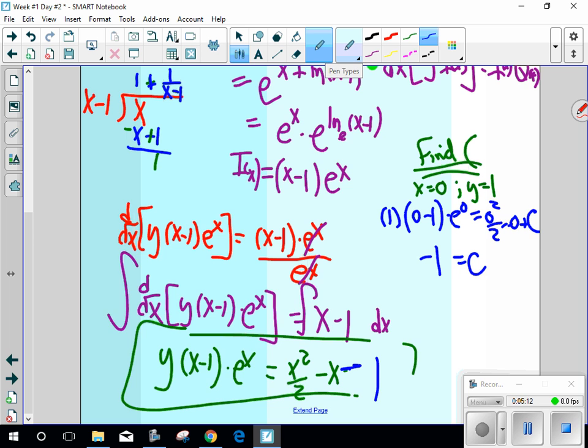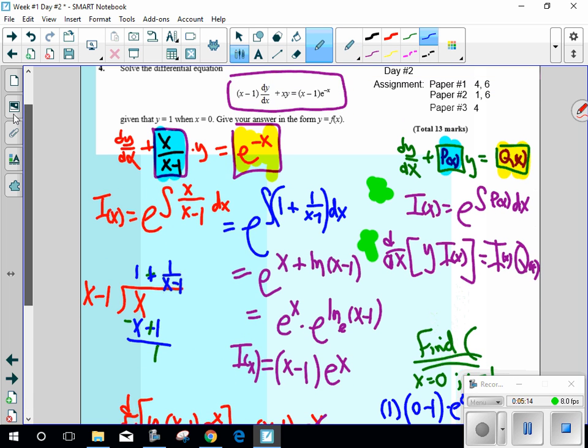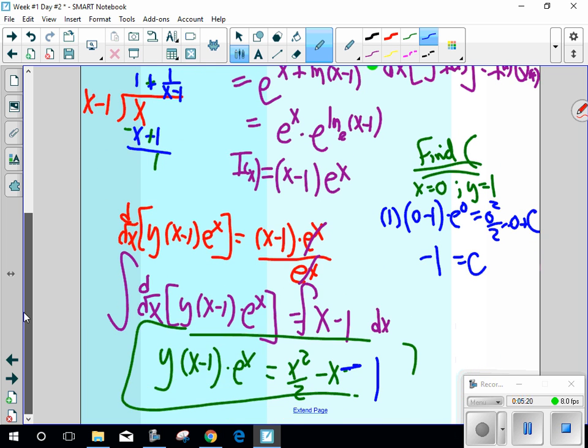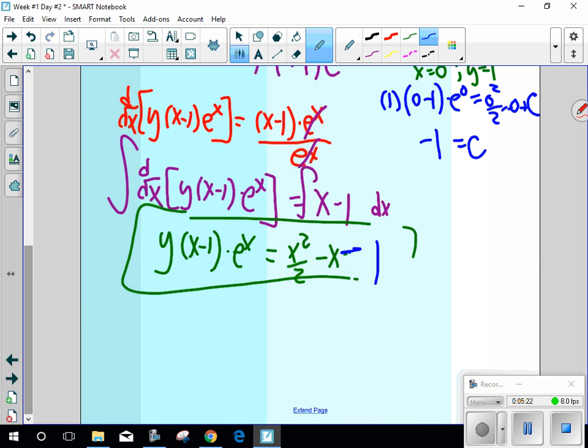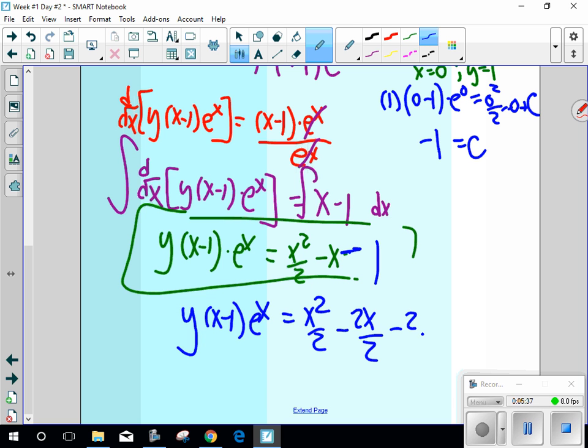Are we done? Liz, I wish we were done, but we still have to solve for y. So see if you can do that at this time. What I would do is I would say x minus 1 e to the x is equal to x squared over 2 minus 2x over 2 minus 2 over 2.